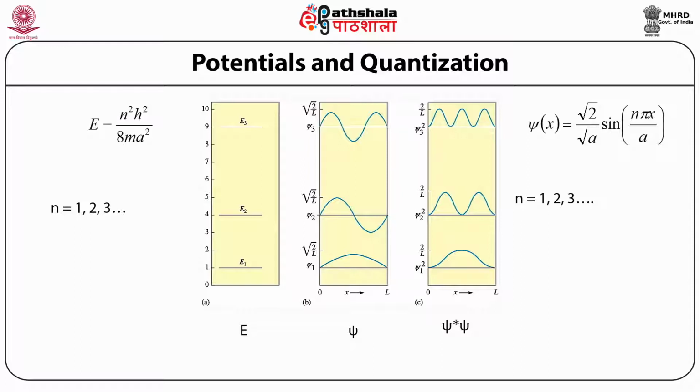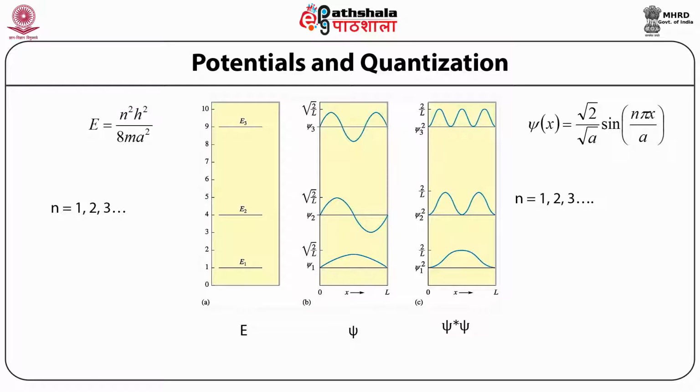Figure B indicates the particle wave function psi, that is for n equal to 1 we have psi 1, n equal to 2 we have psi 2 and n equal to 3 we have psi 3.